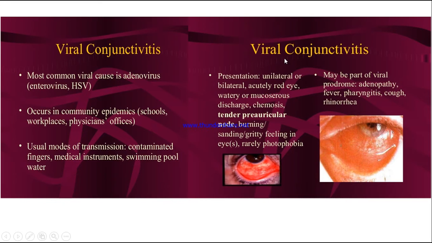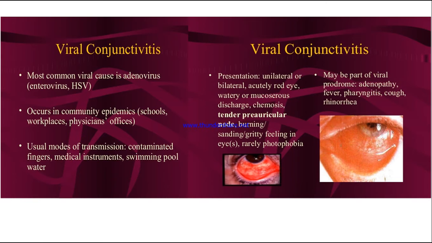Next, presentation. The signs and symptoms of viral conjunctivitis are unilateral or bilateral, meaning that one eye is affected or both eyes are affected. There will be redness of the eyes, watery or mucoserous discharge, chemosis, tender preauricular nodes, or a burning sensation, sandy, gritty feeling in the eyes, meaning that there will be discomfort in the eyes, and the patient will rarely have photophobia.